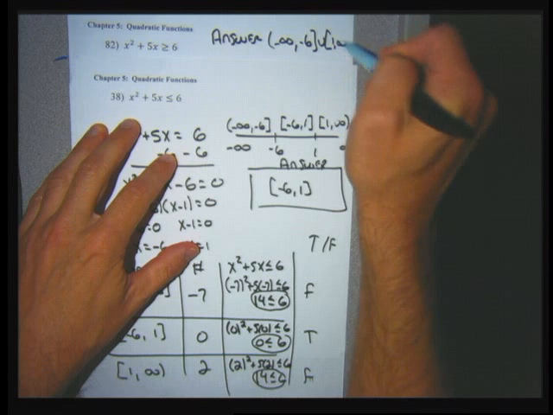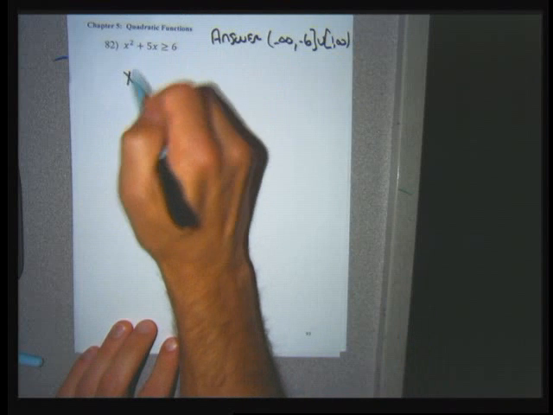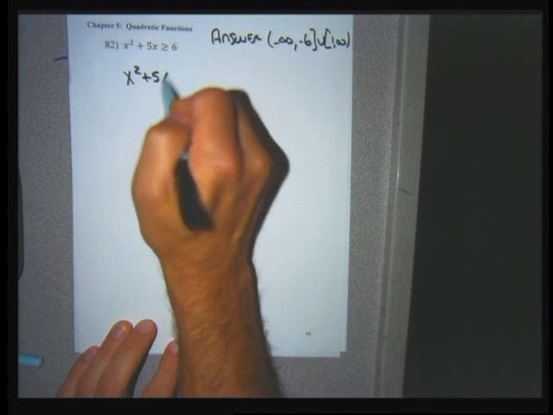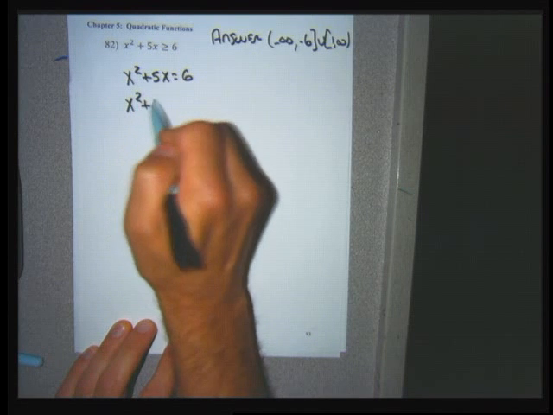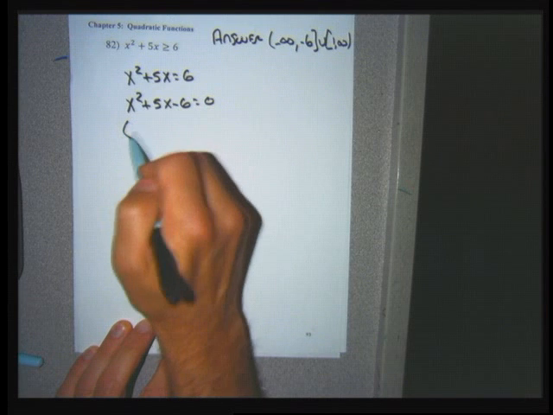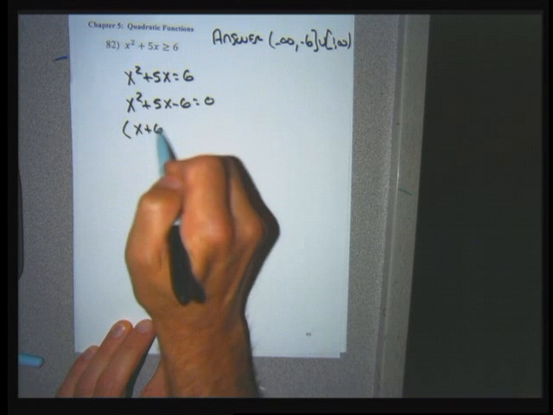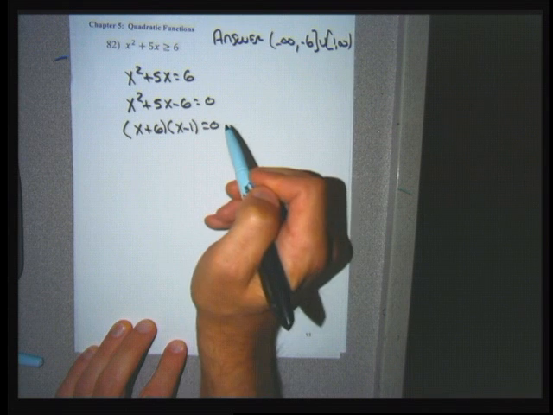And 1 to infinity. So I'm going to do it all the way out and hope those are the answers. So I'm going to go x squared plus 5x equals 6, and then x squared plus 5x minus 6 equals 0. Factor that into x plus 6 times x minus 1 equals 0.